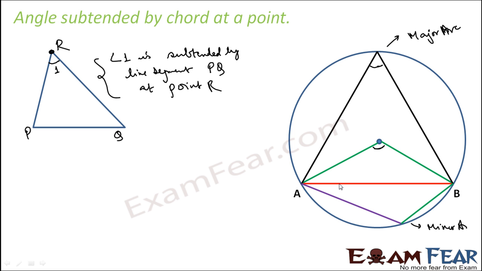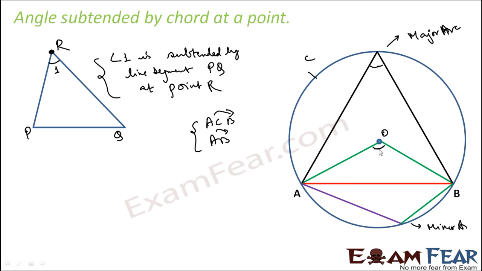So A and B are two points in the circle, AB is the chord, and let me put a C here. So I have ACB as a major arc, and AB as a minor arc. I have two arcs. So this chord AB is nothing but a line segment, right? It will subtend an angle at the center.